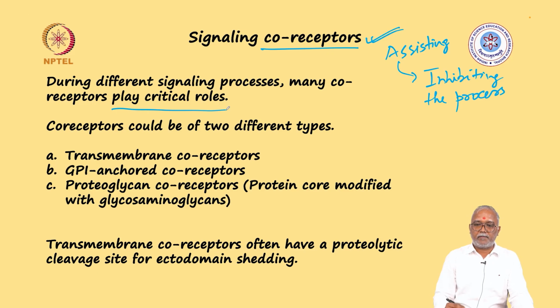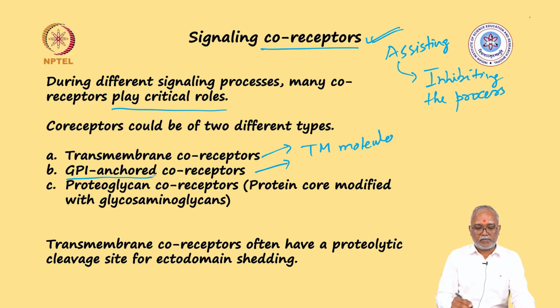These co-receptors come in different flavors. They have a type of co-receptor where it is completely a transmembrane molecule, very much like other receptors. Then there are co-receptors which are concentrated in membrane domains with the GPI anchor.